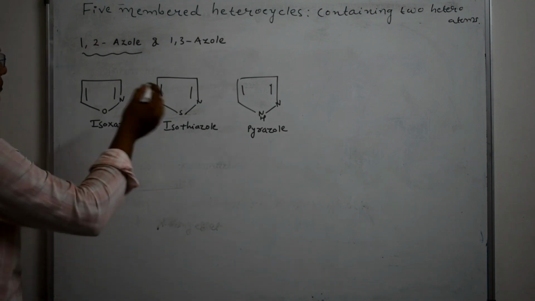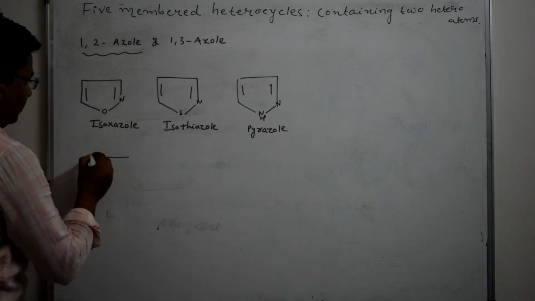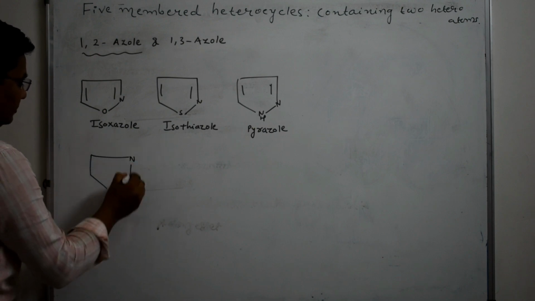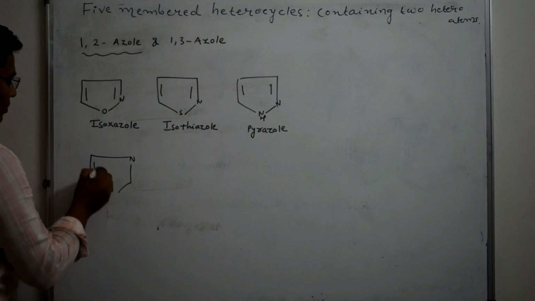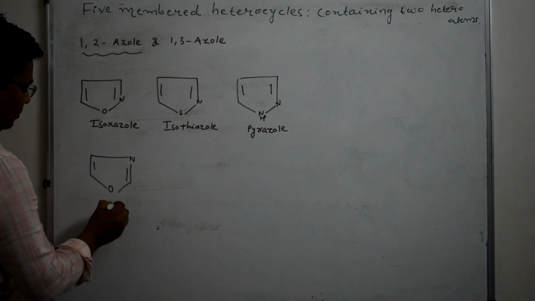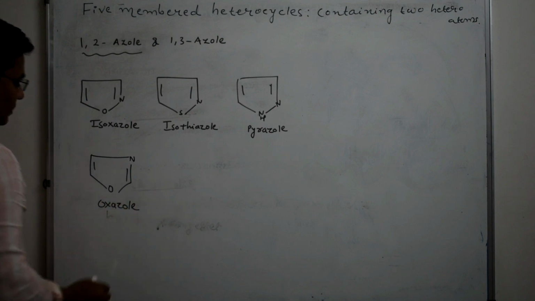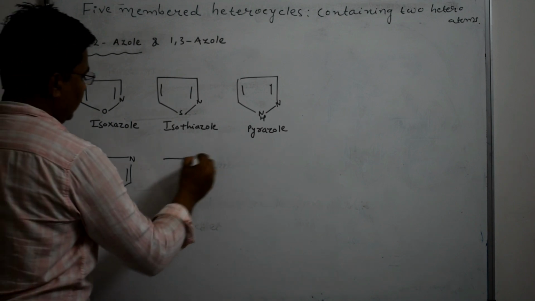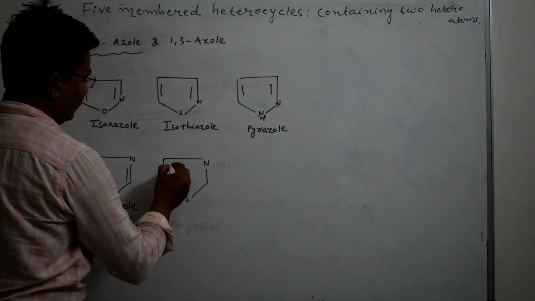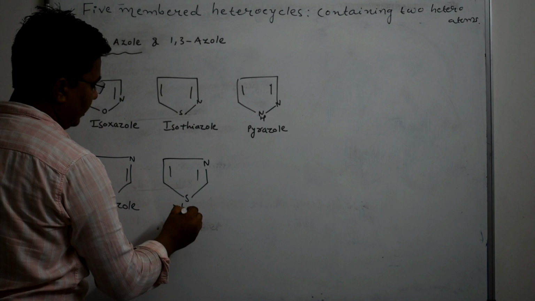In the case of 1,3-azole, what are the examples? If I am taking nitrogen and oxygen, it will be called oxazole. Suppose I am taking sulfur and nitrogen, then this is called thiazole.